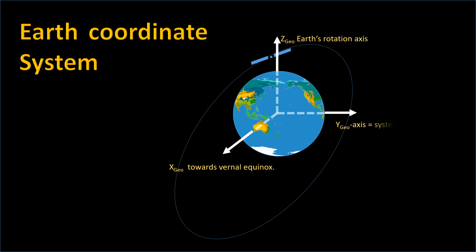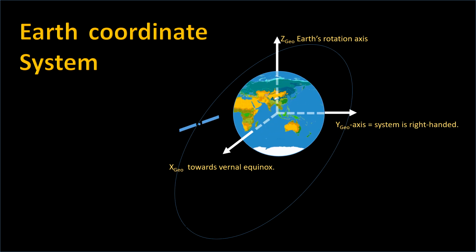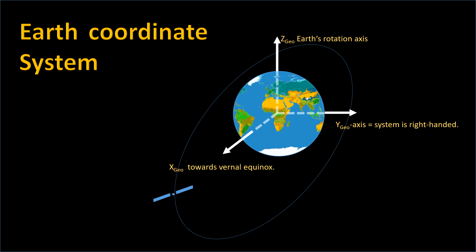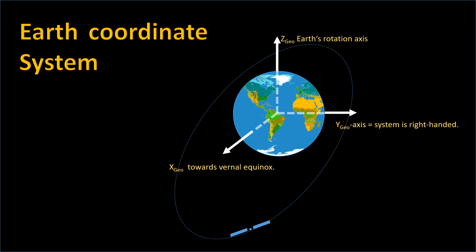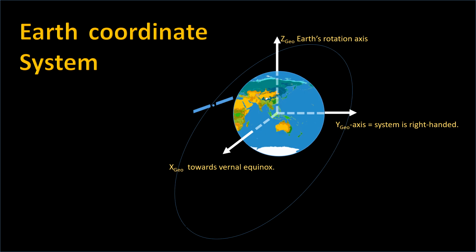It means that if you have your thumb along the z-axis and your fingers along the x-axis, with a simple 90-degree rotation, you can find the y-axis.